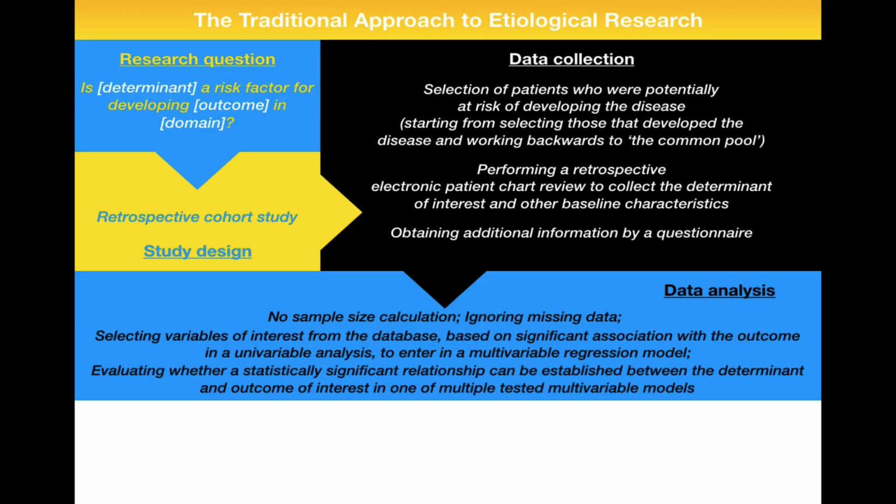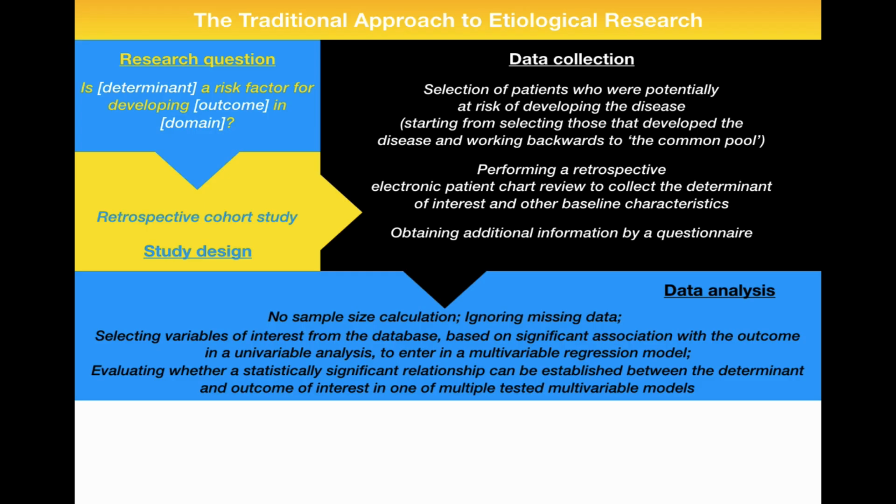And the thing that researchers seem to be most interested in is whether a statistically significant relationship can be established between the determinant and outcome of interest in one of multiple tested multivariable models.